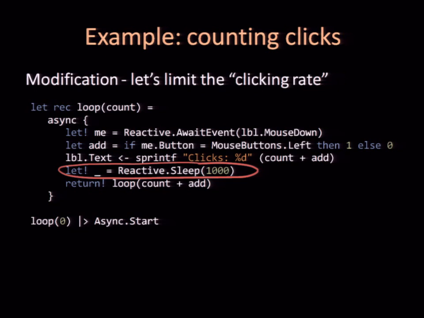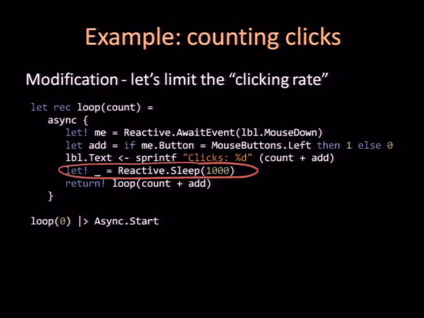And that means, so now in the code there are 2 blocking points where the asynchronous workflow stops executing and waits for something. And again, this waiting doesn't block any threads, because it just schedules some function to be called when the event occurs. So the whole thing is running on a single thread without blocking.